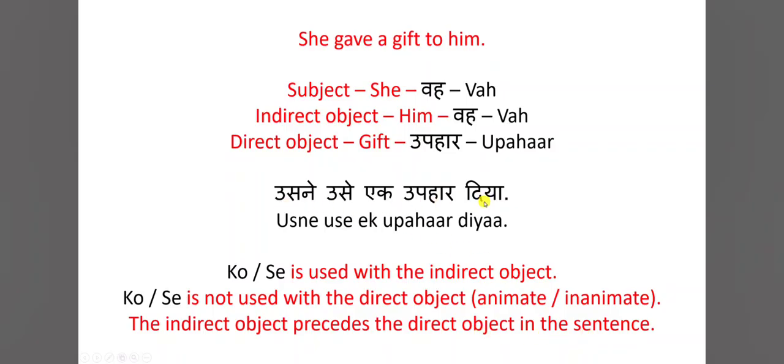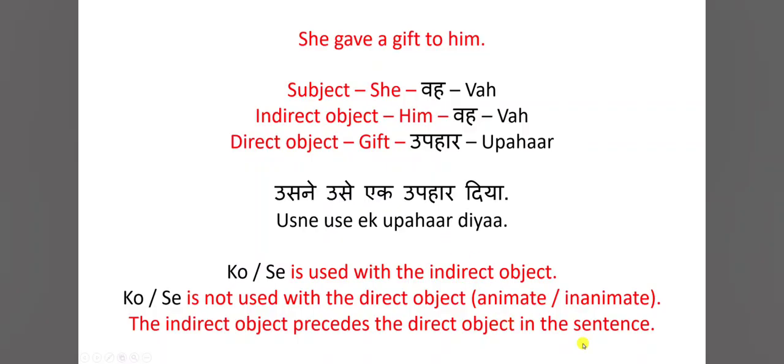So in this sentence, indirect object comes first and then direct object. Usne is she, use is to him, ek is a, upahar is gift, diya is gave. First comes the indirect object, then comes the direct object. Okay? So these have to be followed in all the sentences.